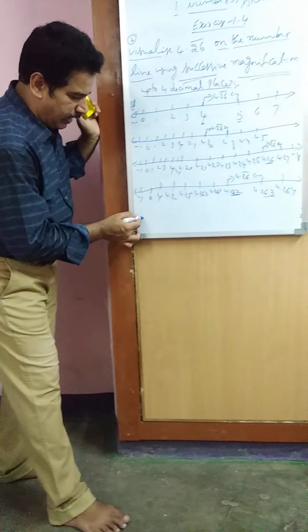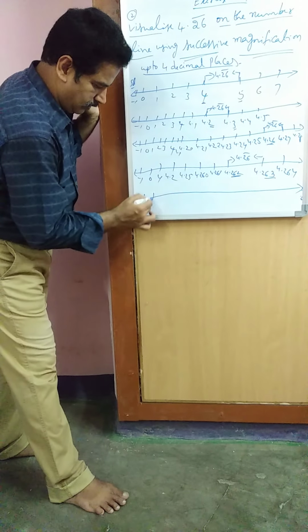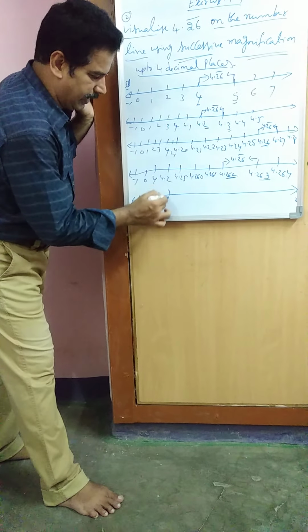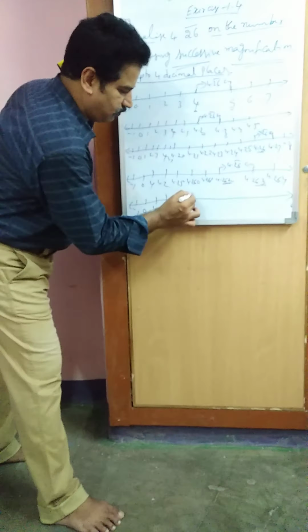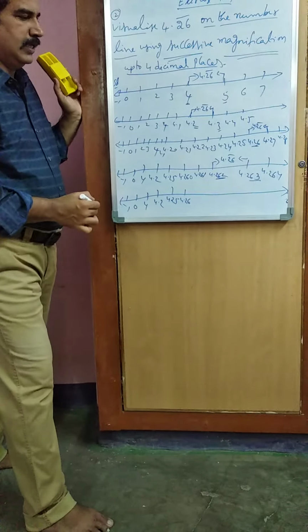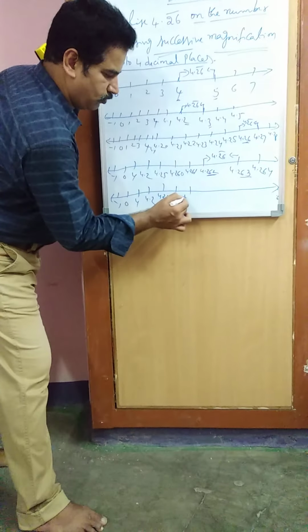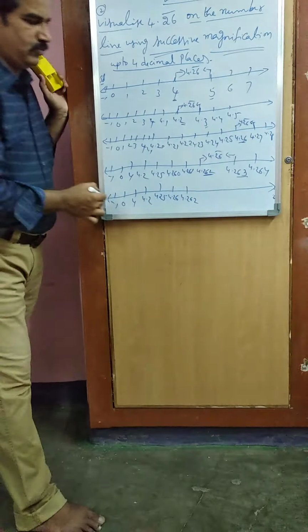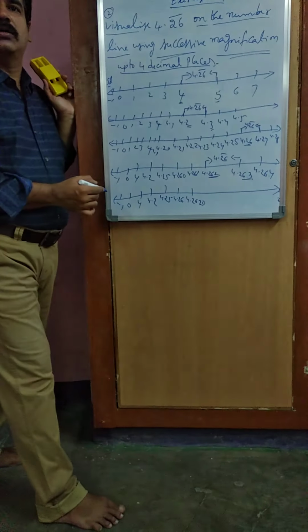So draw one more number line. 0. Directly I am writing 4. Directly I am writing 4.2. Directly I am writing 4.25. Next 4.26. Next directly I am writing 4.262. 4.262 here. And now 4.262 means 2620.